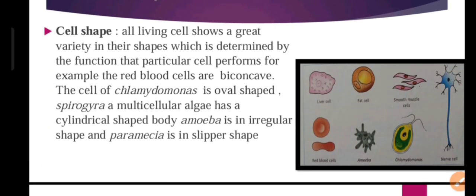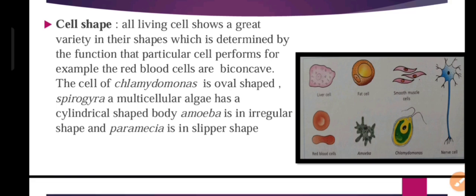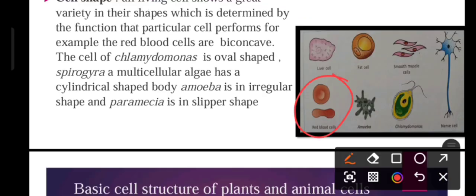Coming to the cell shape, all living cells show a great variety in shape, which is determined by the function that the particular cell performs. For example, red blood cells are biconcave. See in this picture how the red blood cell looks: biconcave shape.